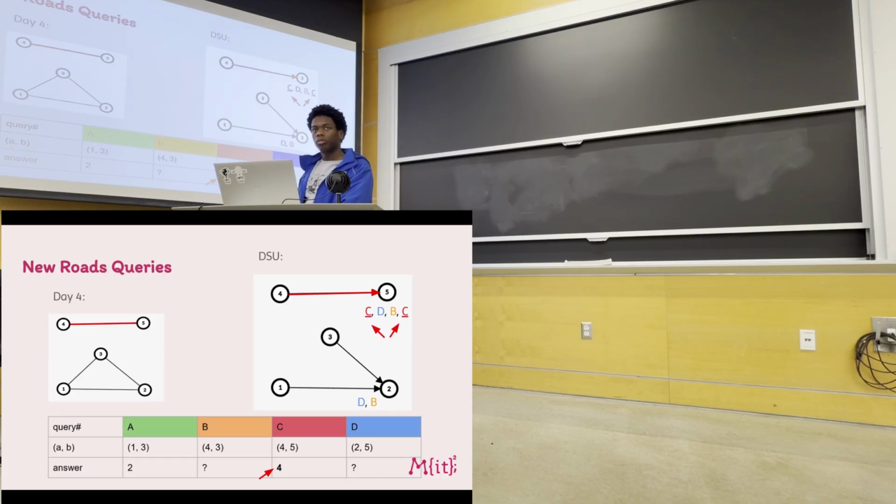Yeah, I'm not exactly sure. I was thinking, for example, if we wanted to see if query A is fulfilled, so 1 and 3, then at each day you would check if the leader of 1 is the same as the leader of 3. That's also another way of doing it. That would give you a different time complexity, but you could at each time step just check all the queries again and see if they're now connected.